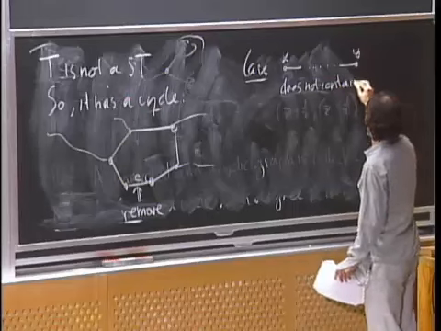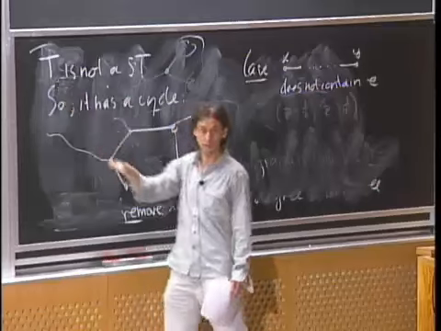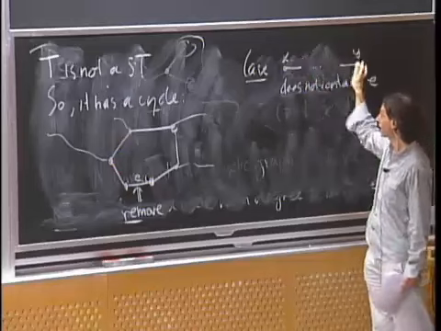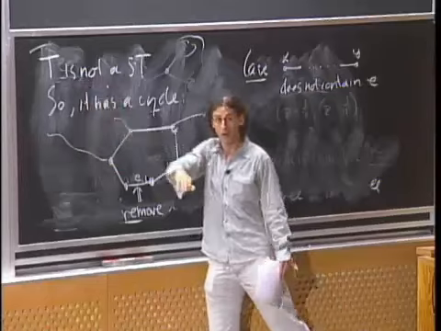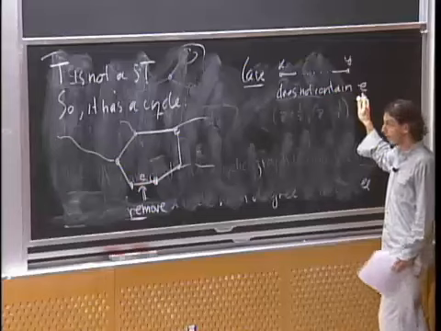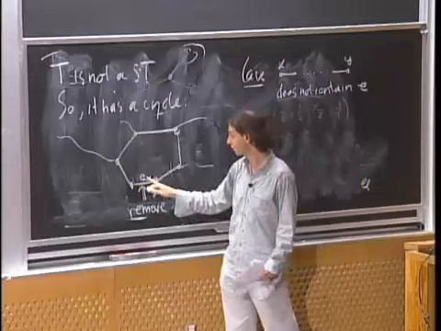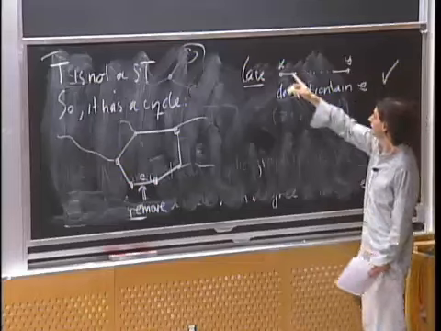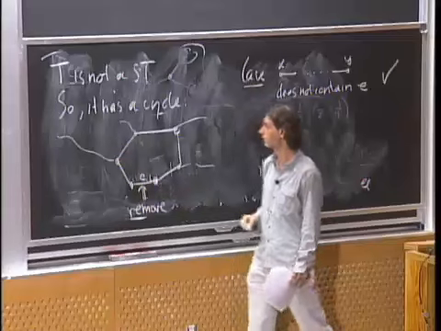So I look at the graph T. I know T is connected, so I take a pair of vertices x and y. I know there is a path between x and y in T. If this path does not contain the edge e, then I know that the same path still exists in the same graph where I have removed this particular edge. So that's great, right? Then I have shown that x and y are still connected in the new graph where I've removed this e.